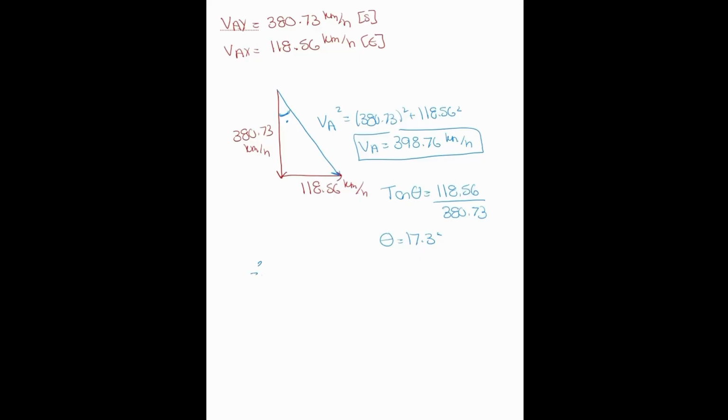So the plane's airspeed, when we put it all together, is, we're going to say 399 kilometers per hour, and that is at a heading of south 17 degrees east.